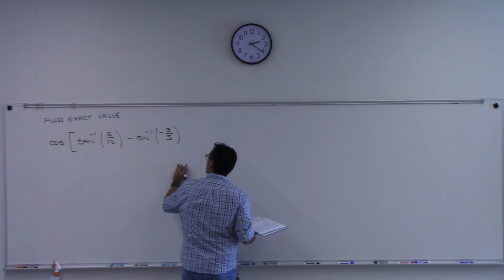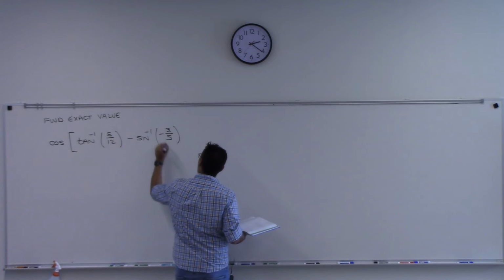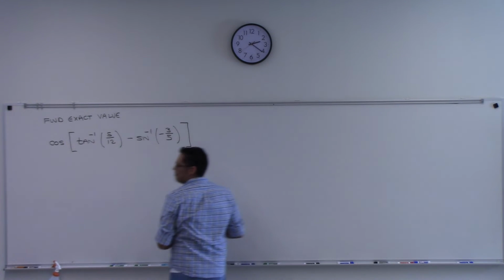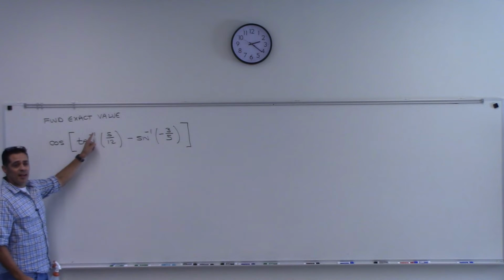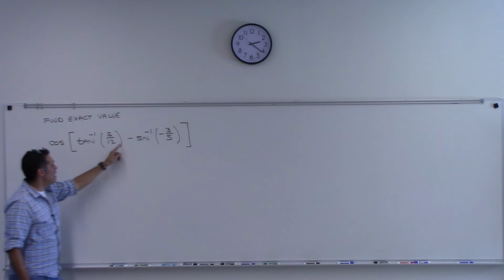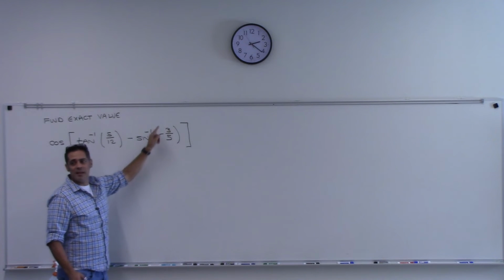That's the way they wrote it. I want the exact value of this. What is cosine of arc tangent of 5/12 minus arc sine of negative 3/5?